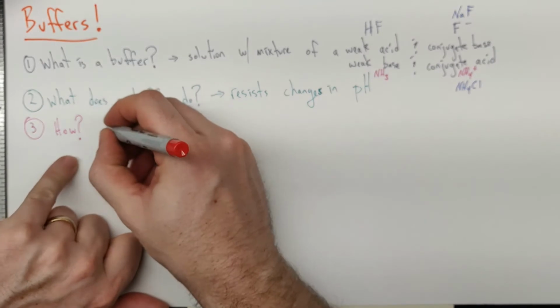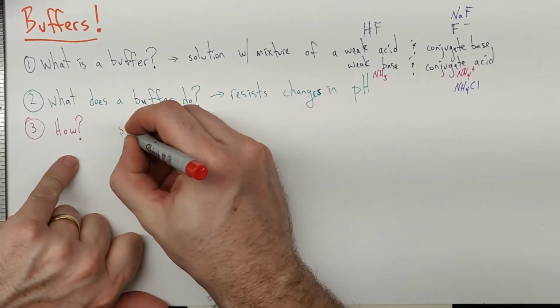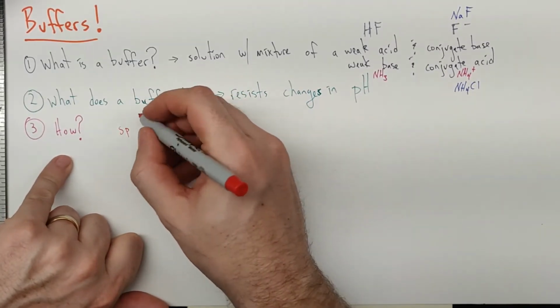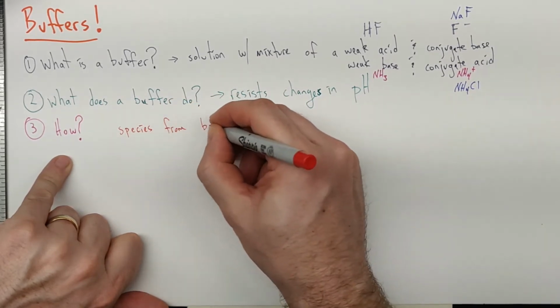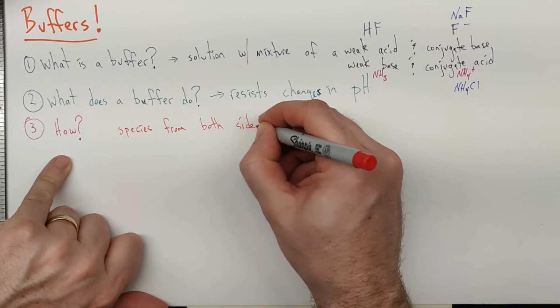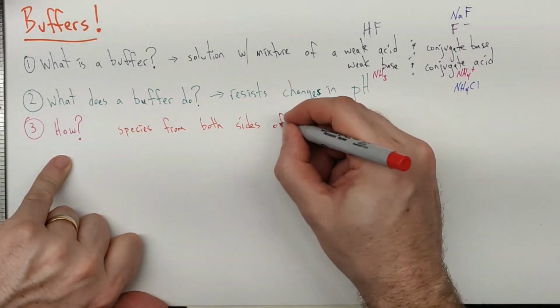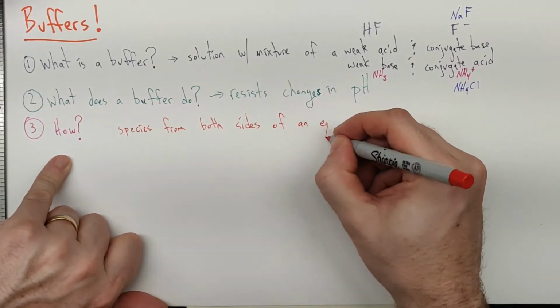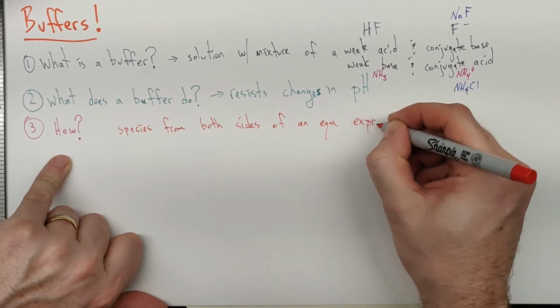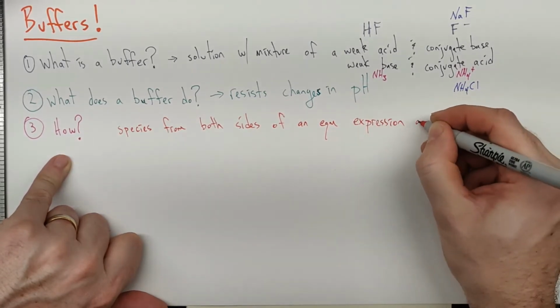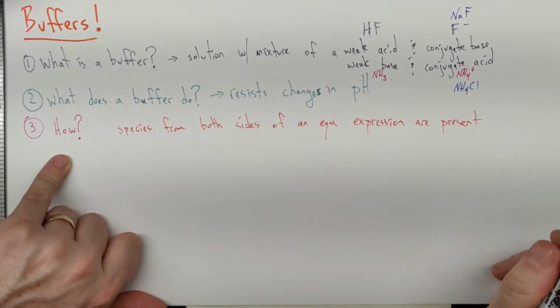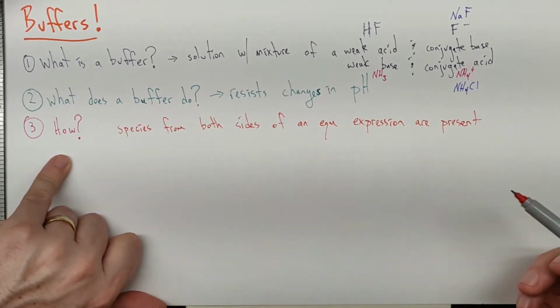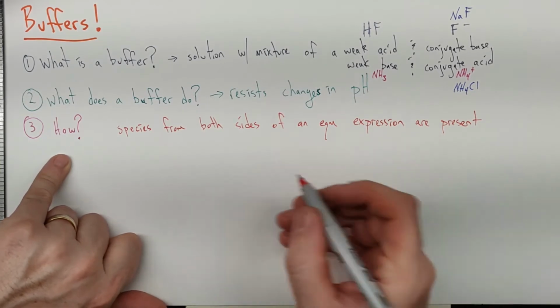So this is the idea here. You have species from both sides of an equilibrium expression present. And what that means is there's a common ion effect resistance to shifts in either direction, all right?